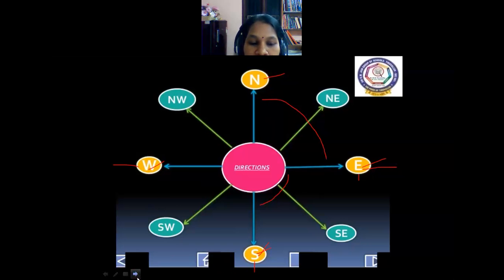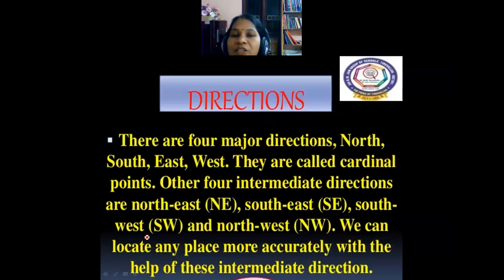There are four major directions. What are the four major directions? North, south, east and west. They are called cardinal directions or cardinal points. And the other four intermediate directions, I told you, are northeast, southeast, southwest and northwest.